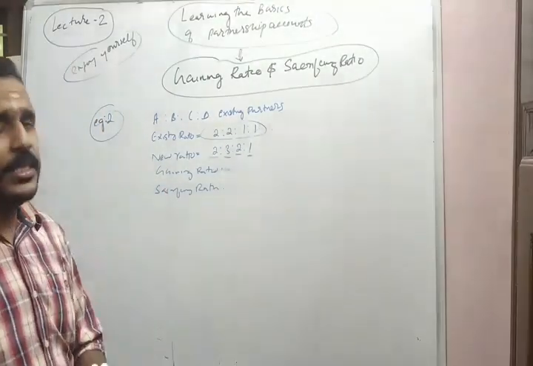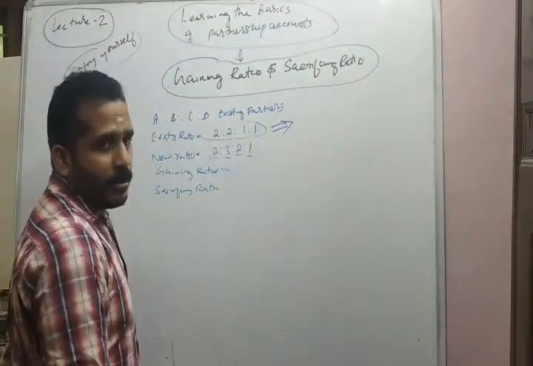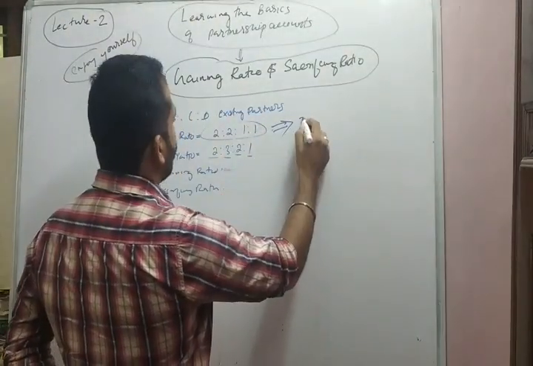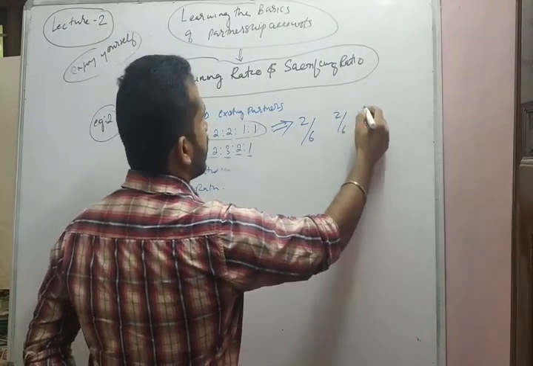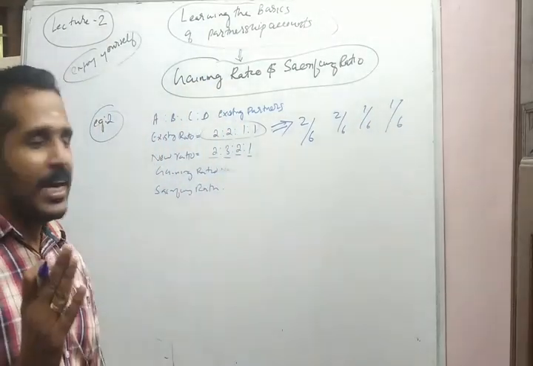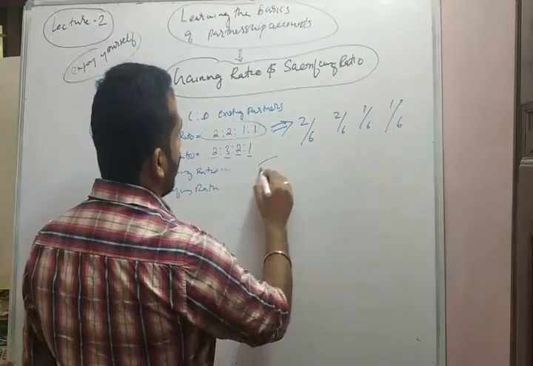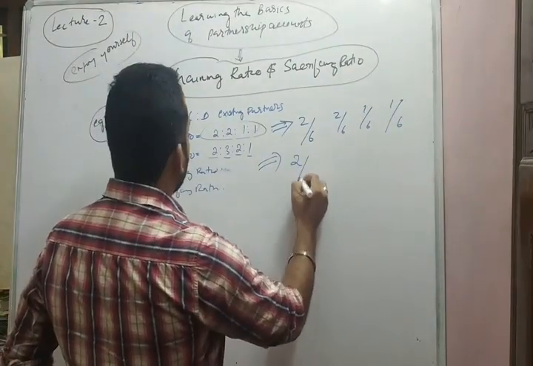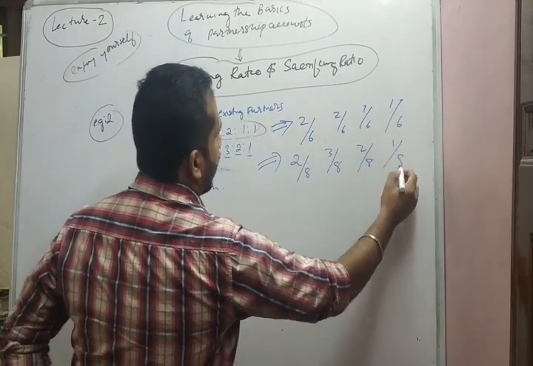While analyzing the question, we will come across that the existing ratio is 2/6, 2/6, 1/6 and 1/6 respectively for A, B, C, D. And their new profit sharing ratio in the future profit is 2/8, 3/8, 2/8 and 1/8.